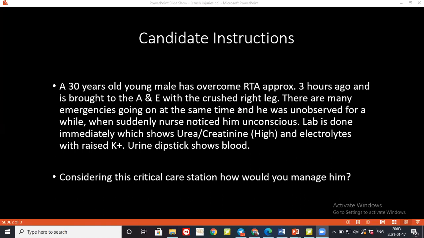The patient was noticed to have high urea and creatinine. Can you discuss why? The patient has high urea and creatinine because of kidney involvement.